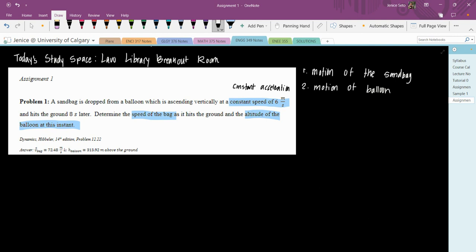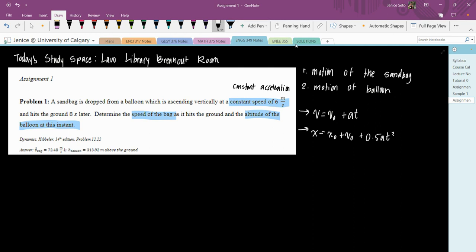If you look at your equation sheet, the first equation that we will be making use of is v is equal to v naught plus acceleration times time. And the second equation that we'll be using is x is equal to x naught plus v naught t plus 0.5 a t squared.